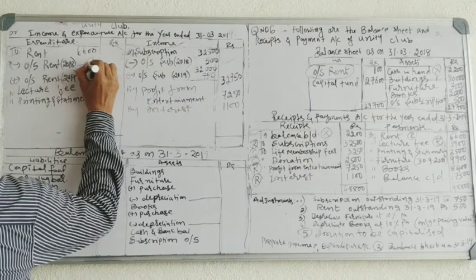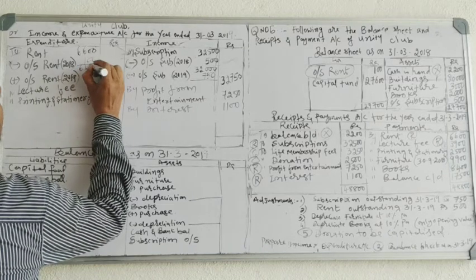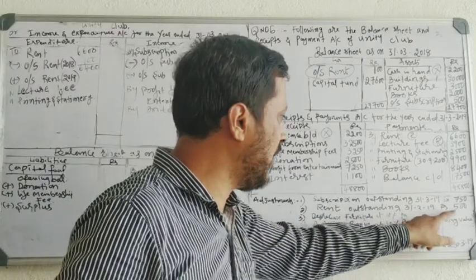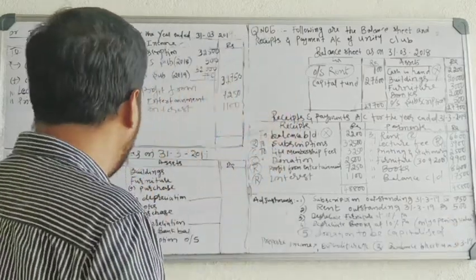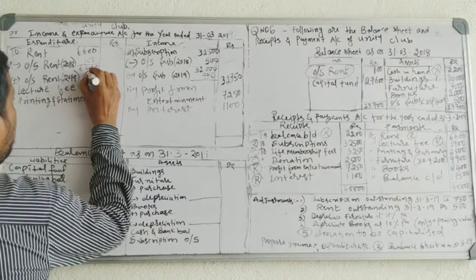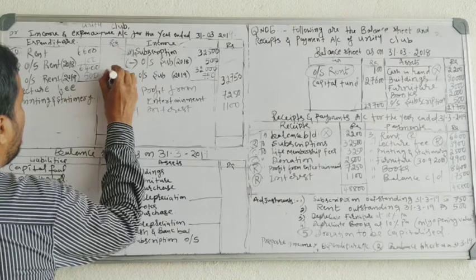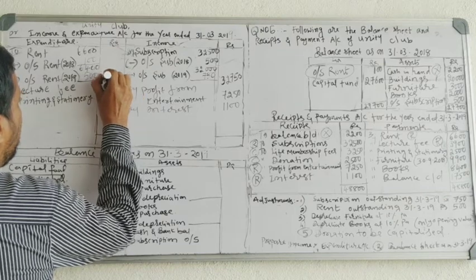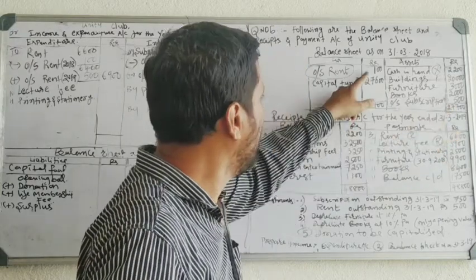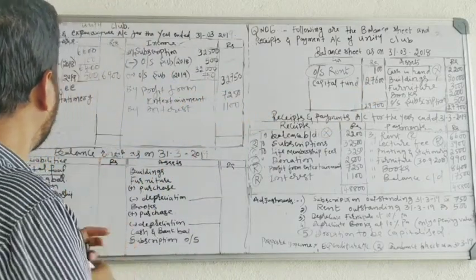Then you will get 6,500. Second adjustment, rent outstanding on 31/3/19, current year outstanding 500 rupees, add 500. Add outstanding rent 2019, 500. So total rent of this year is 7,000. How did we do it?